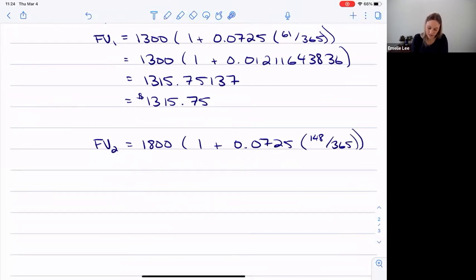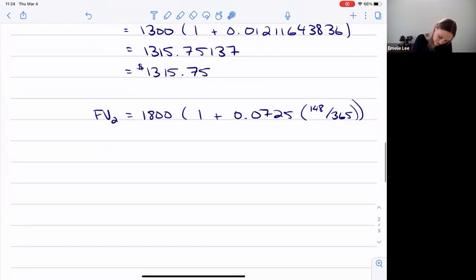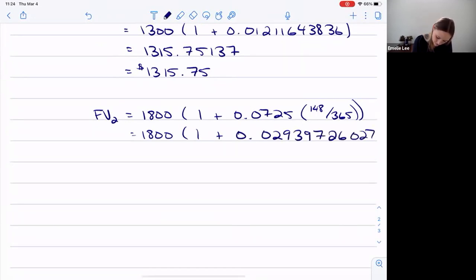I'm just going to emphasize that I'm simplifying this chunk first, the 0.0725 times T, and then adding it to 1, and then multiplying by 1,800. 0.0725, you can do it in any order, times 148 divided by 365 is going to be 1,800 times 1 plus 0.02939726027.